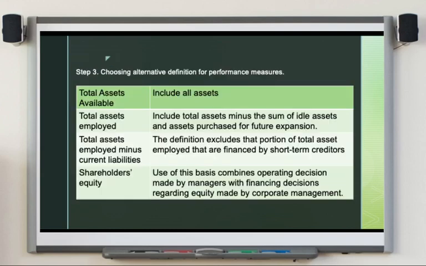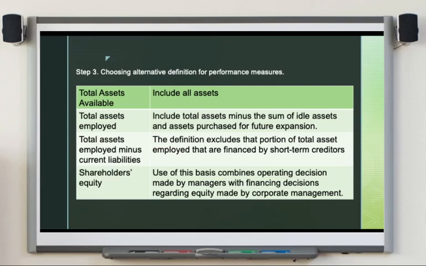The next step is to appropriately choose the definitions for each of the elements of the performance measures that you will use. Say, for example, you opted to use return on investment. You need to properly and appropriately choose how you would define the term investment.